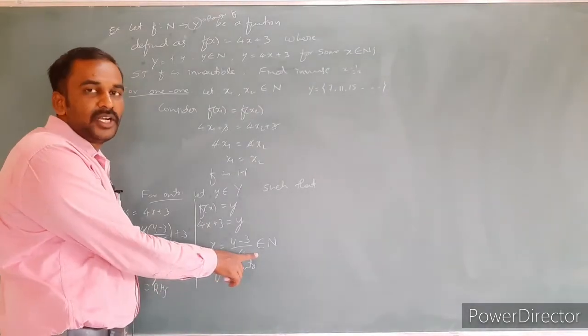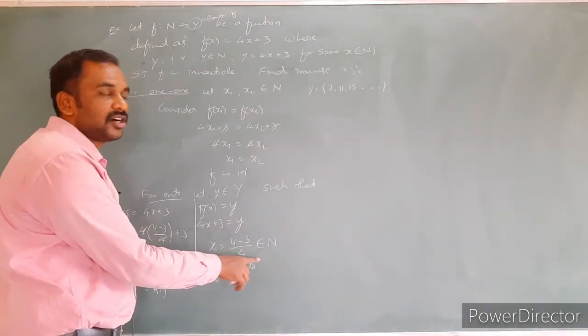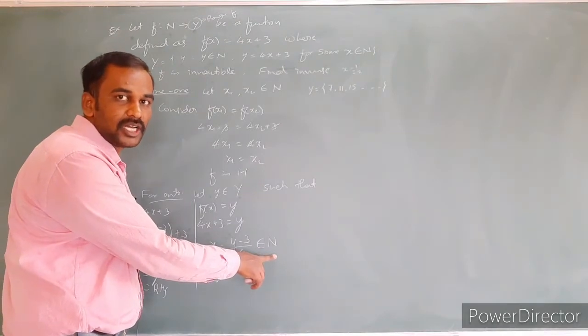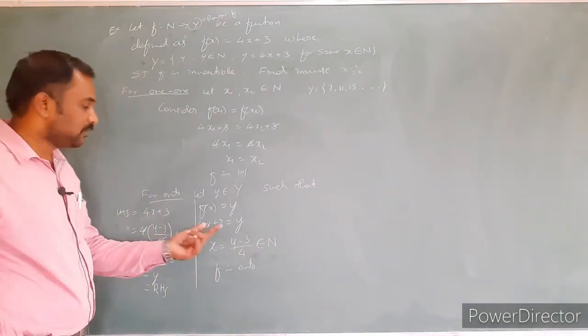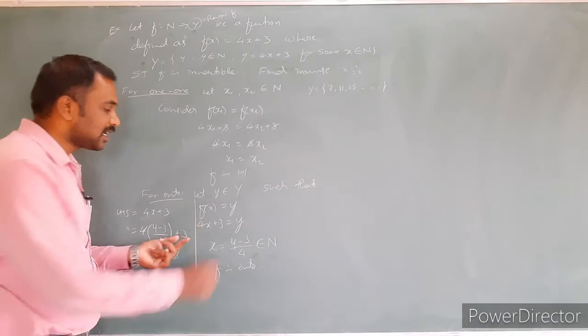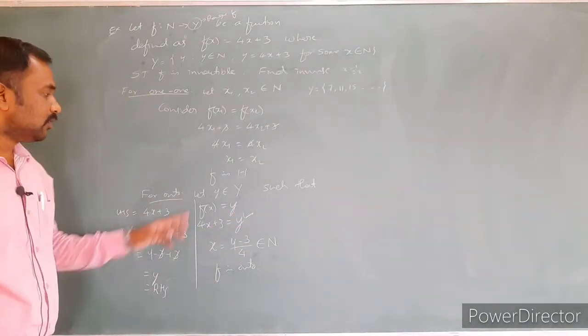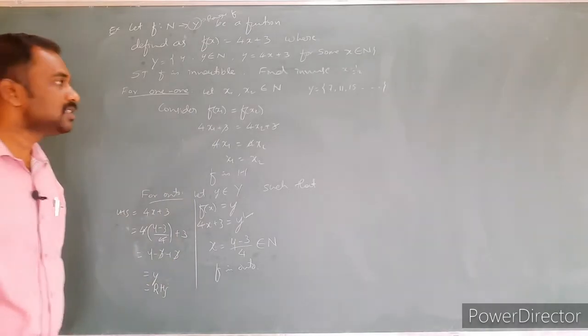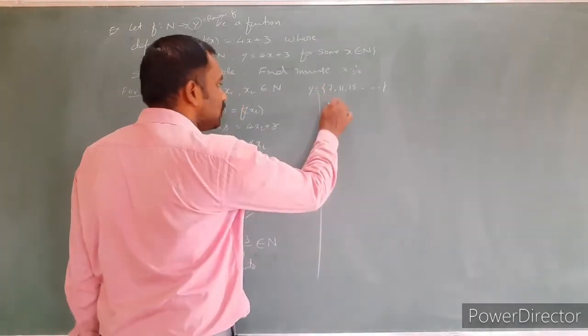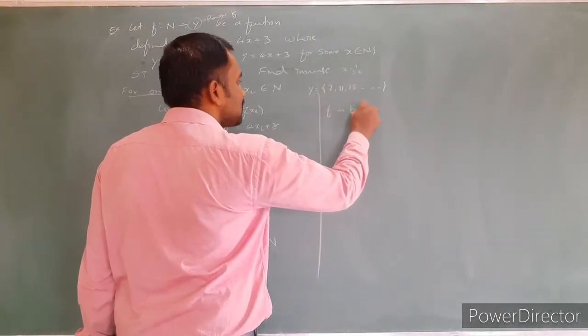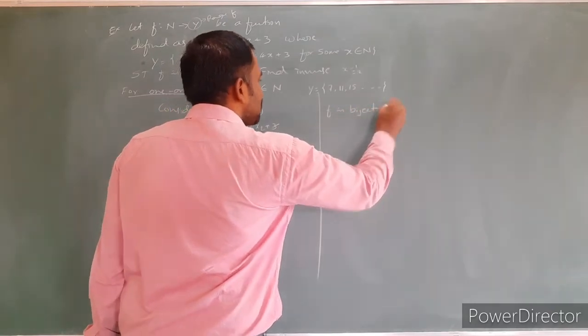If you are not able to conclude whether x belongs to N or not, just proceed in this way. If you get LHS equal to RHS in this step, then we can conclude that f is onto. We got f is one-one, f is onto. Then what do you say? f is a bijective function. f is bijective, we just got it.